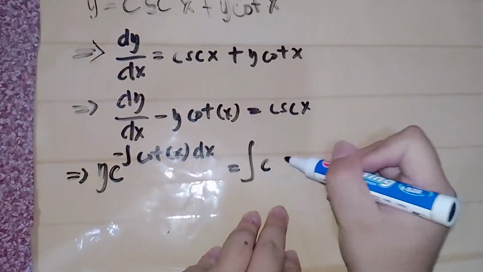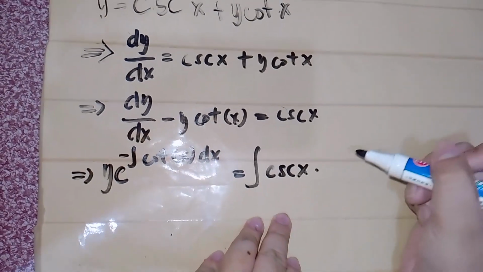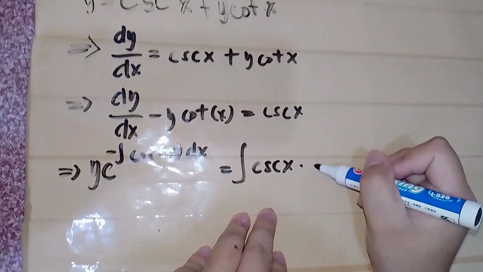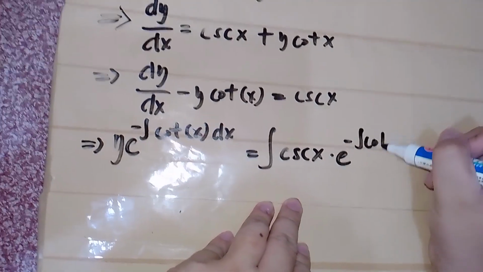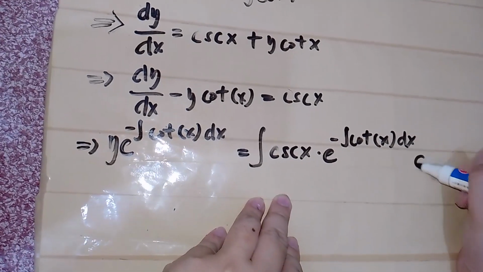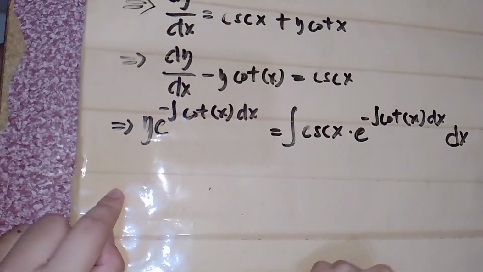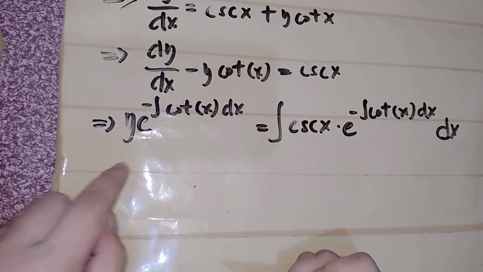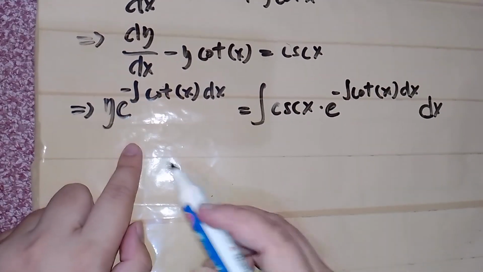So cosecant x times e raised to negative cotangent of x dx, and dx also here. So next is to integrate the e.